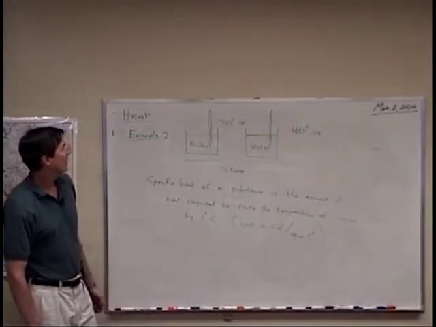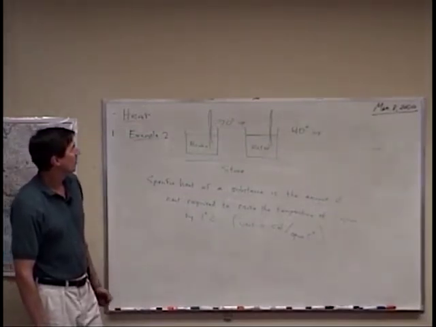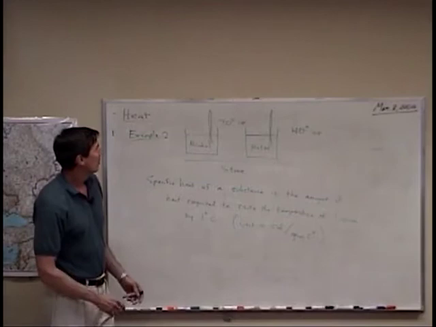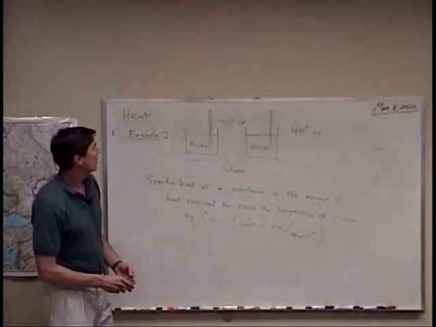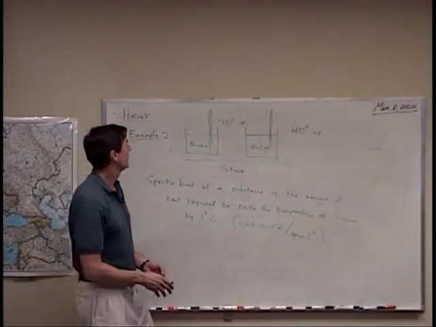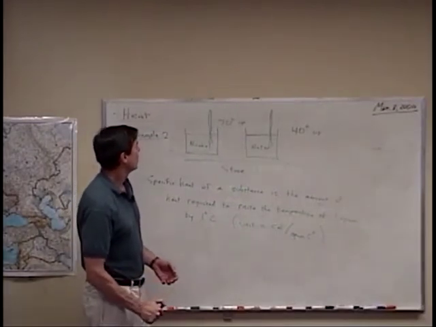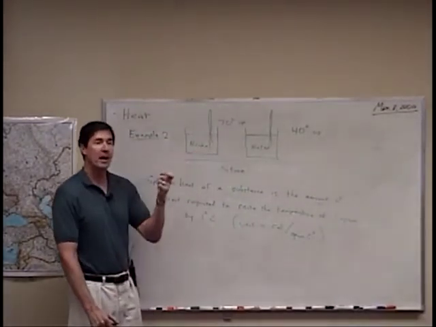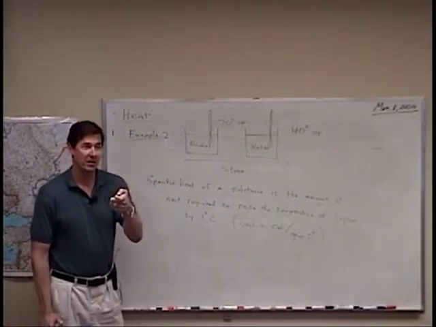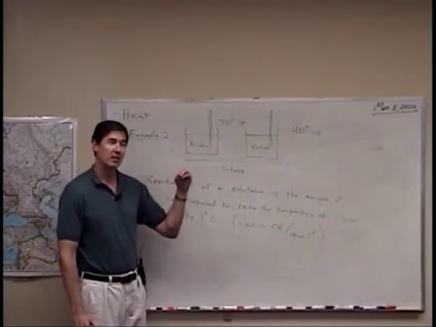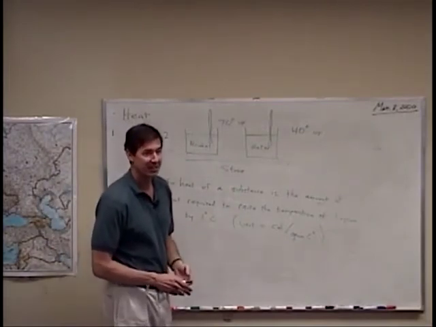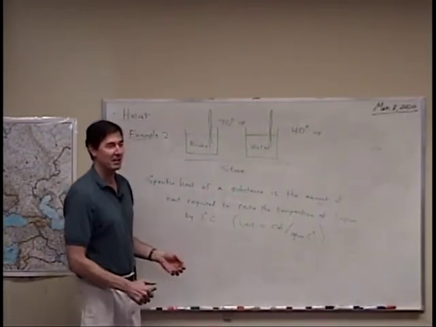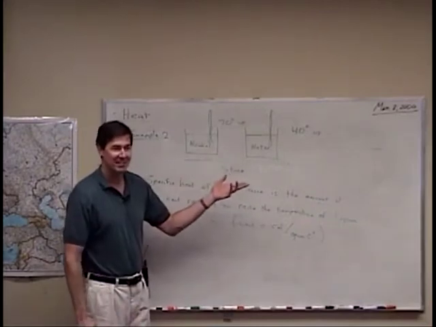Oh. Well, let me see. You're right, it's going to be less than water, right? Because it requires less energy to go up a degree. Yeah, Nick, you got it right. It's 4/7, right?